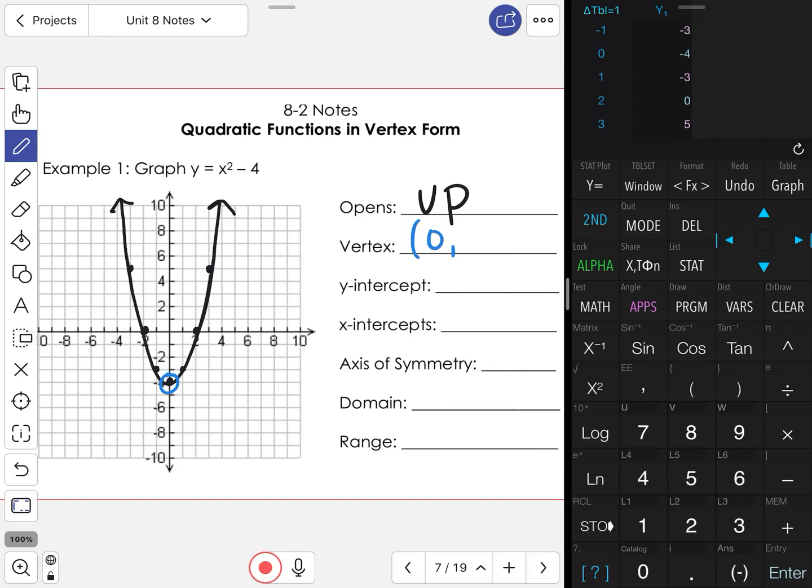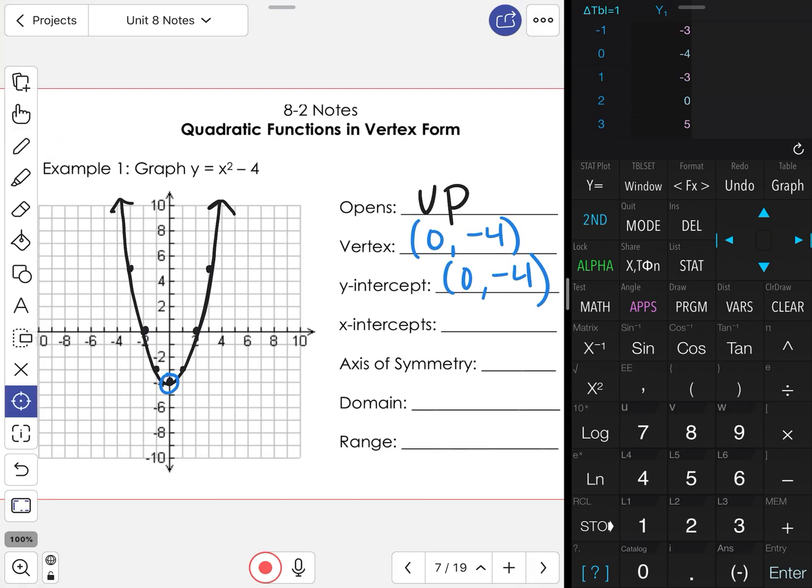I can see on my table in my calculator just to double check that that was the point that I had. Okay, then I want to see what is my y-intercept. Where am I crossing that y-axis? And it happens to be the same as our vertex. So we are crossing that y-axis right here at that same point 0, -4.